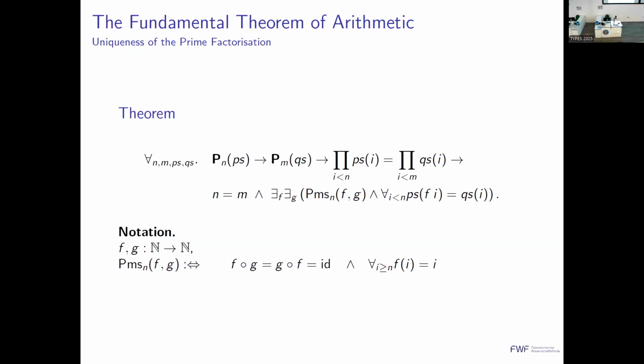This f and g should be permutations and the inverse of each other. Again, it's a permutation of the natural numbers and not on some finite set, which comes from Minlog and is due to the fact that there are no dependent types.